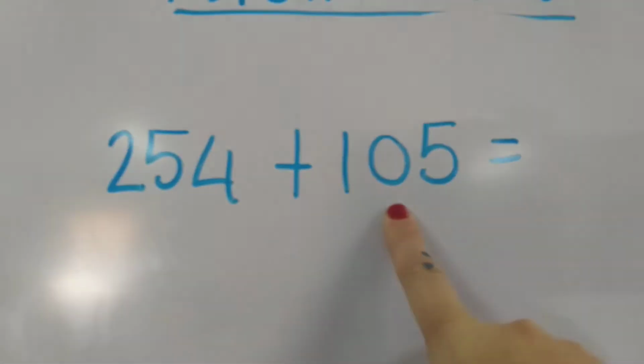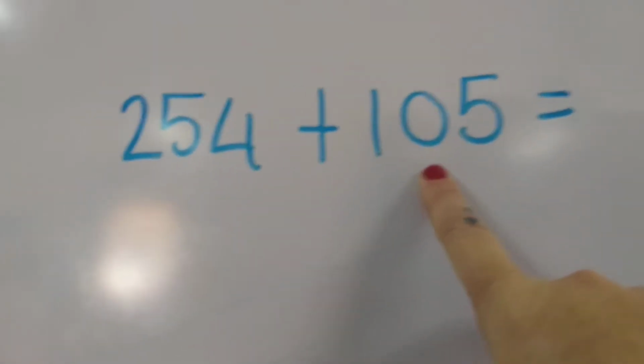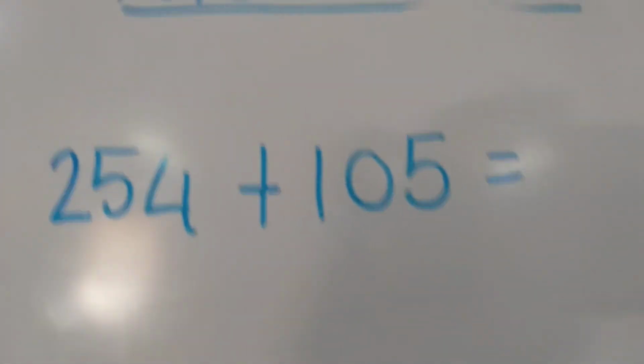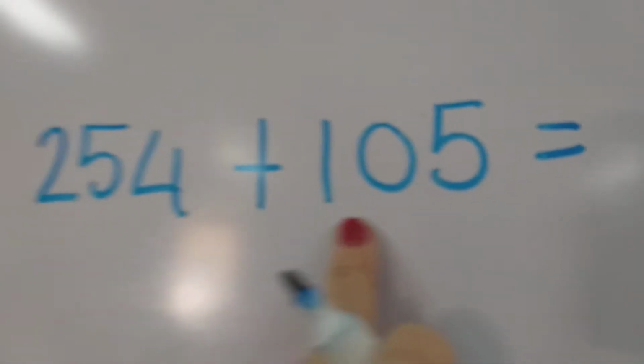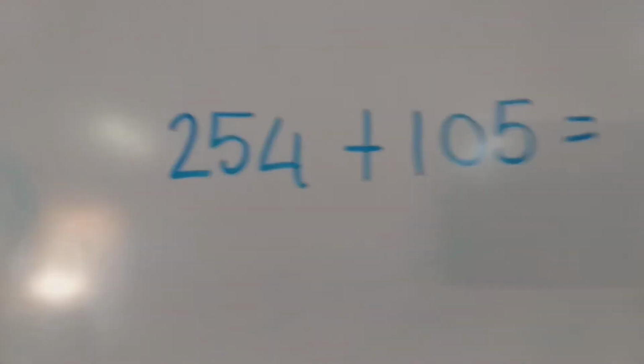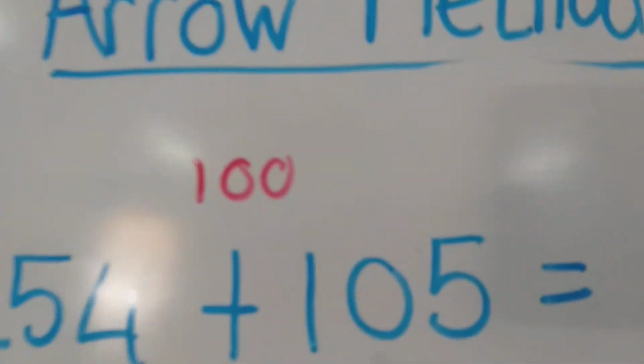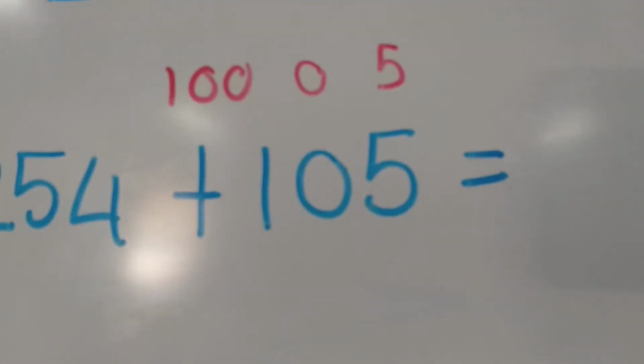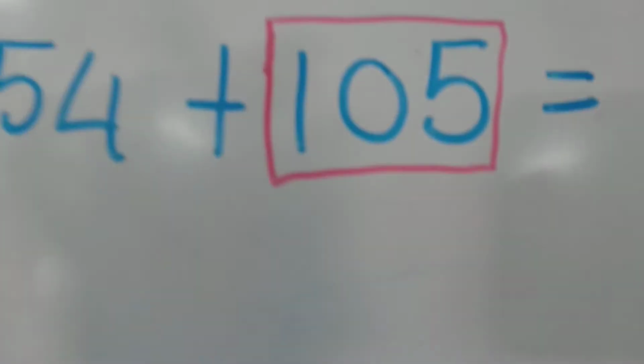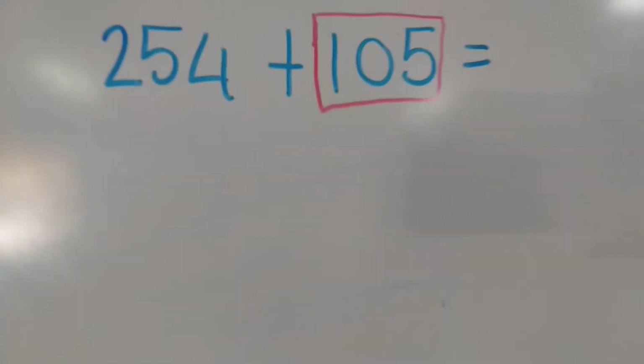Remember, grade 3s, a 0 is just another number. It means nothing. So we're going to break down 105. We have 100, we have no tens, 0 tens, and we have 5 units. So I've broken down my 105. Remember, we break down the second number.